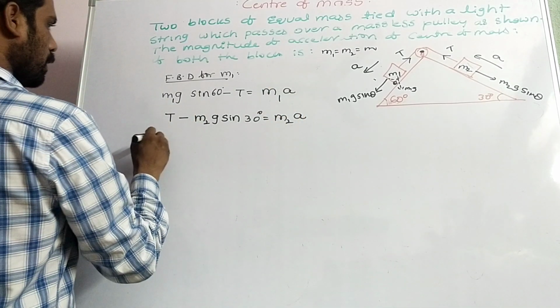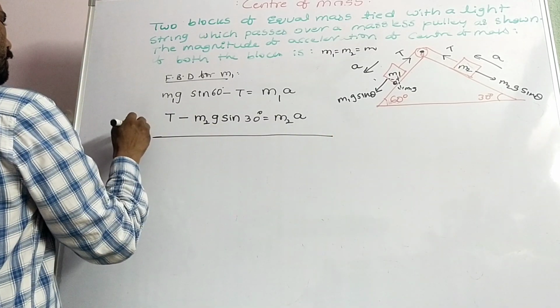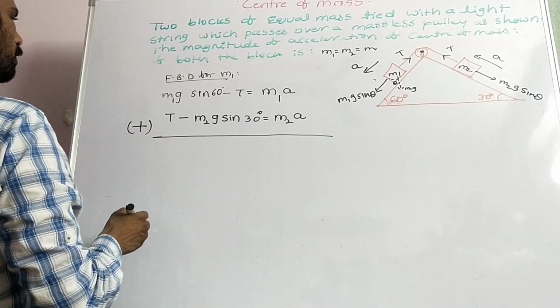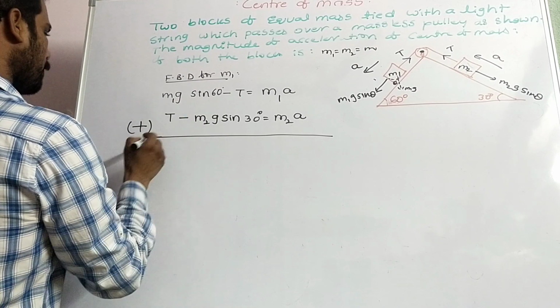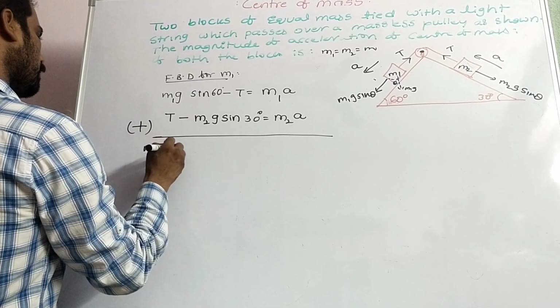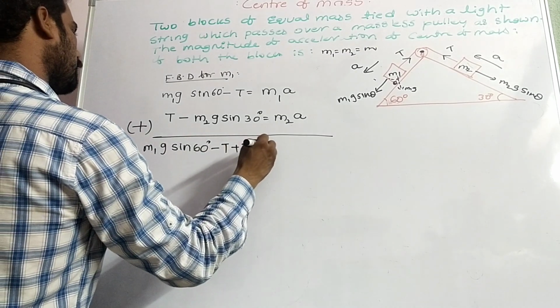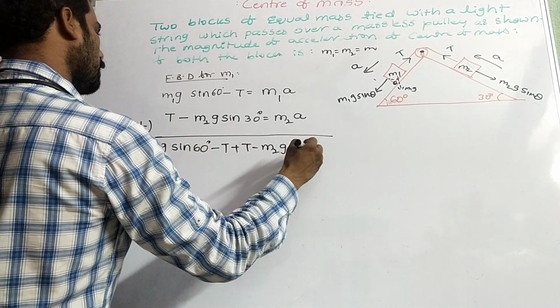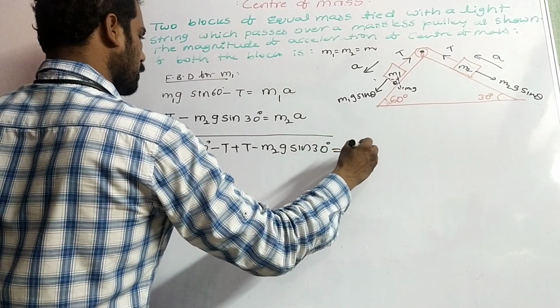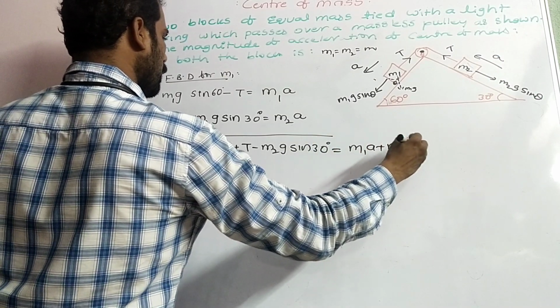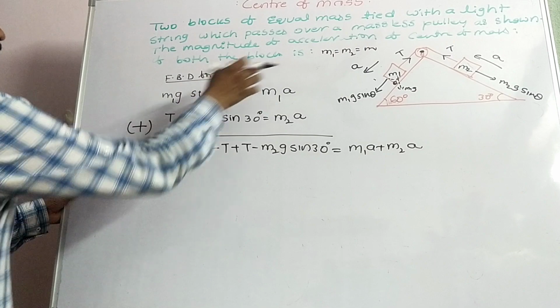By adding these two expressions, m1g sin 60 minus T plus T minus m2g sin 30 is equal to m1a plus m2a. m1 is equal to m2.